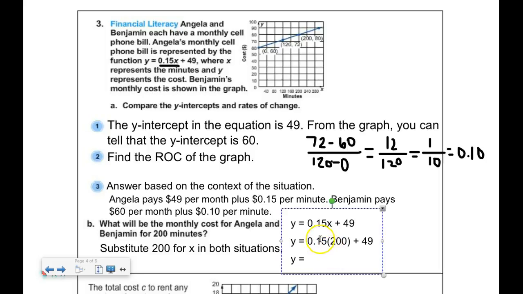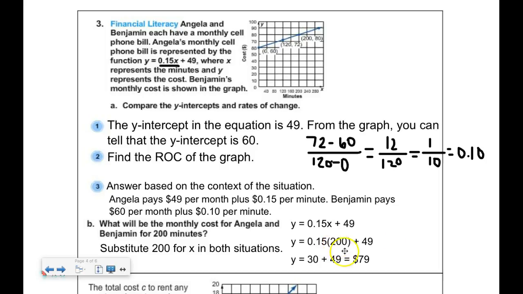Basically, what is 15% of 200? Should give you 30, plus 49, which is going to be $79. Just verifying with my calculator. And I am right. So $79 for Angela for 200 minutes.